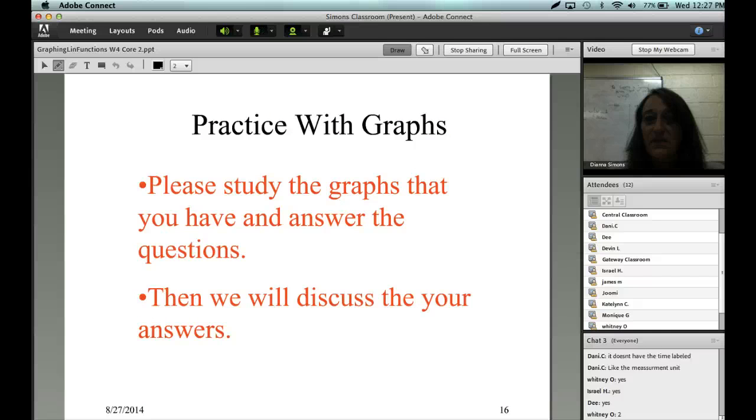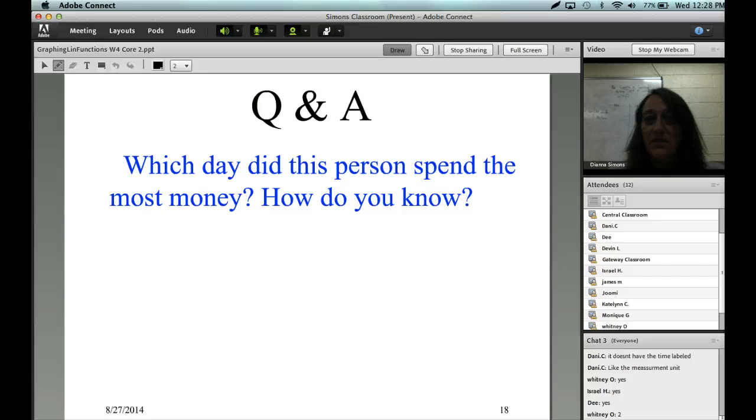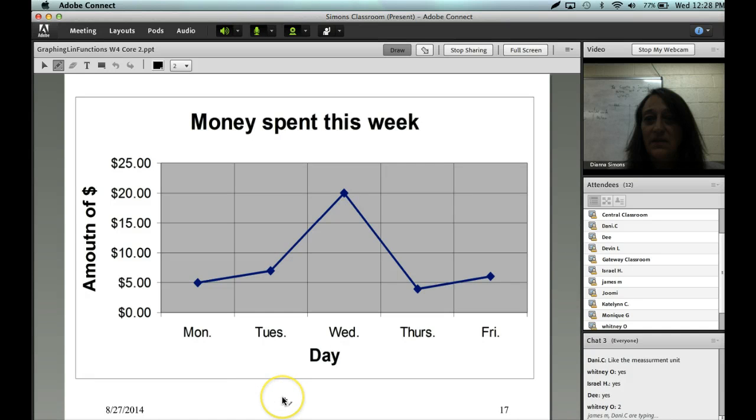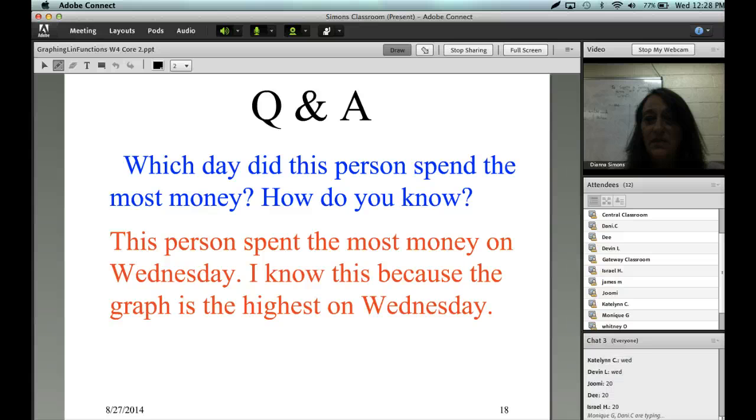All right. So we're going to look at these graphs. You guys have to look at them really quick because we only got 3 minutes. You see everything there? Try to memorize it. And I got a question for you. Which day did the person spend the most money? Do you guys remember? Do you want me to go back? I'll go back. What day did they spend the most money? Wednesday. How much did they spend? Okay.